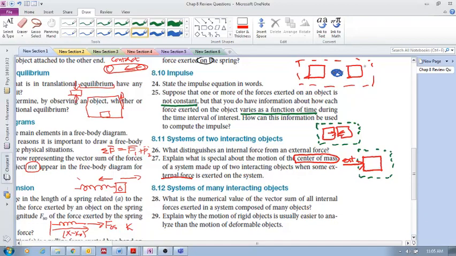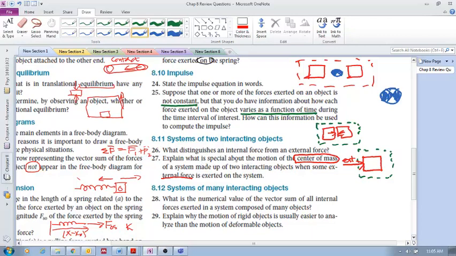Every system, the universe, has a center of mass. Your body has a center of mass. Every system has a center of mass.